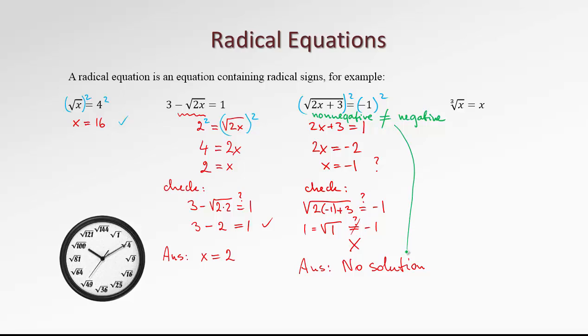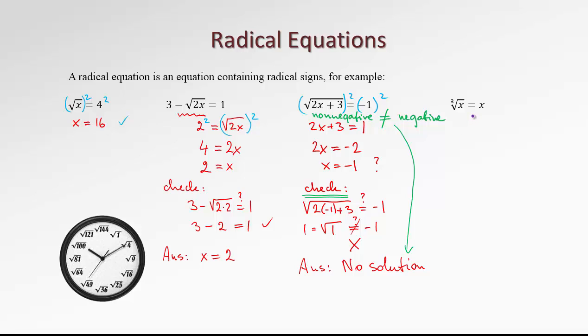That's why we could claim at once that the original equation has no solution. But if we didn't notice that, the important step in solving radical equations will be to check the possible solutions that we obtained. Check if they work, because some of them may not work. So the checking part is critical here.